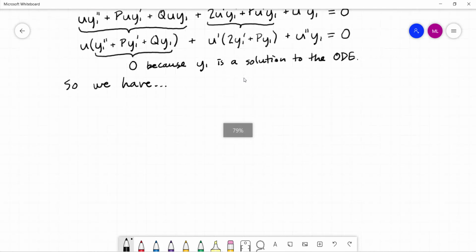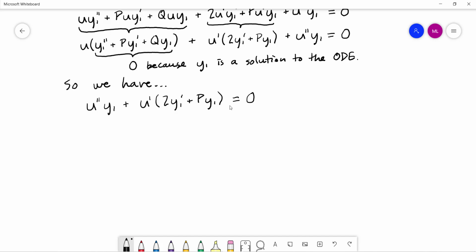Which is kind of nice. I'm going to, again, just write them in a slightly different order. So I'm going to write this as u double prime times y1 plus u prime times 2y1 prime plus py1 equals 0.